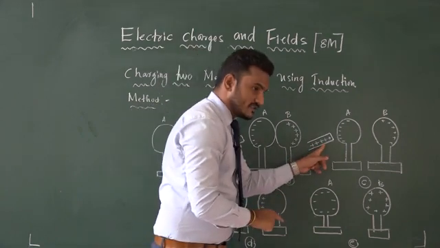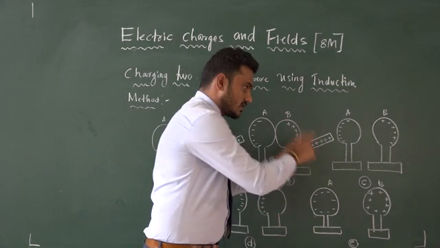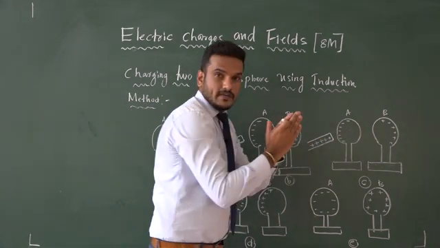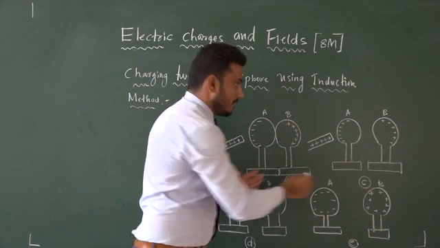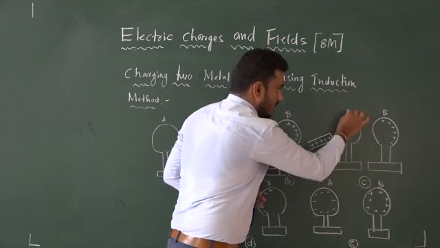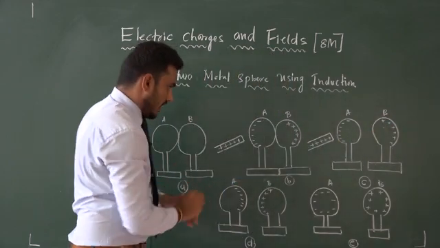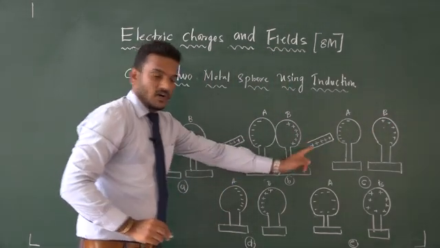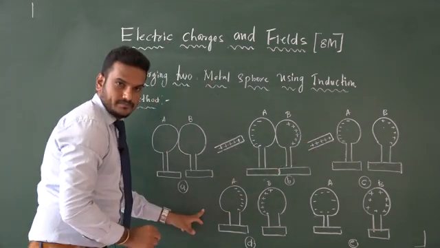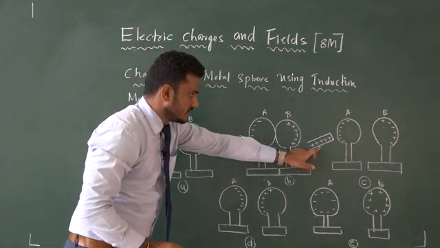Now, in the presence of the positively charged rod, these two spheres are separated by a small distance. Then metal sphere A acquires a negative charge, metal sphere B acquires a positive charge. Now I am going to remove the positively charged rod.